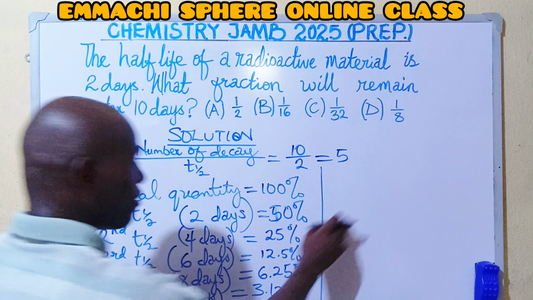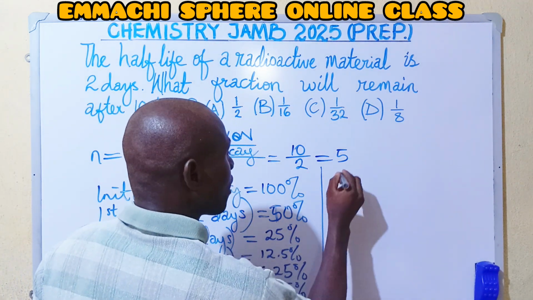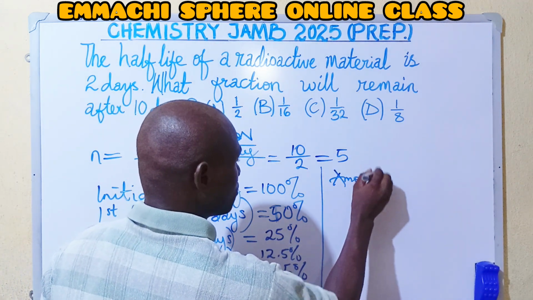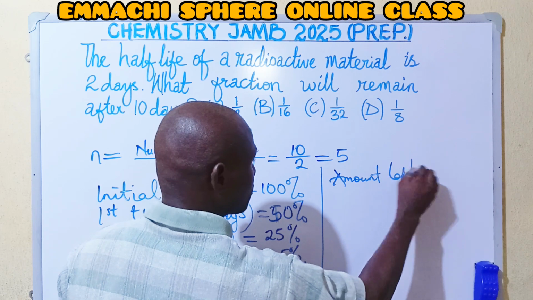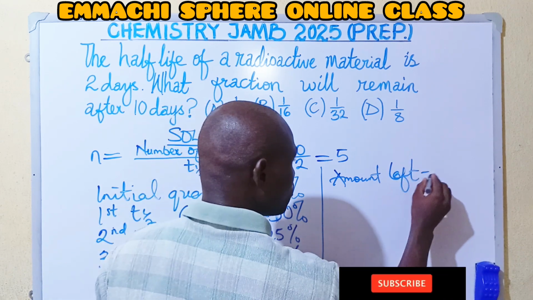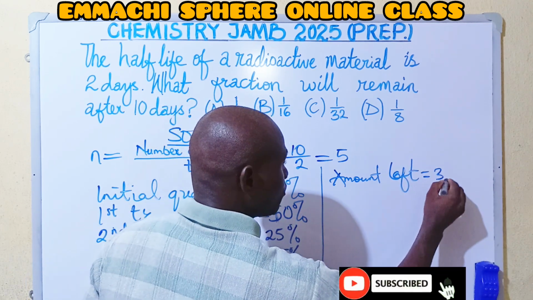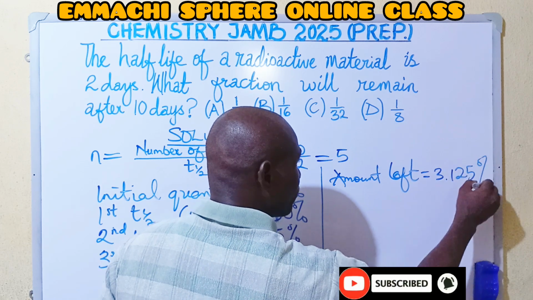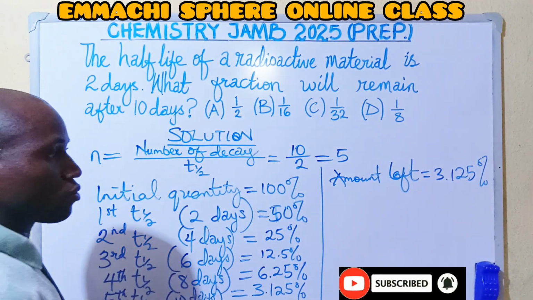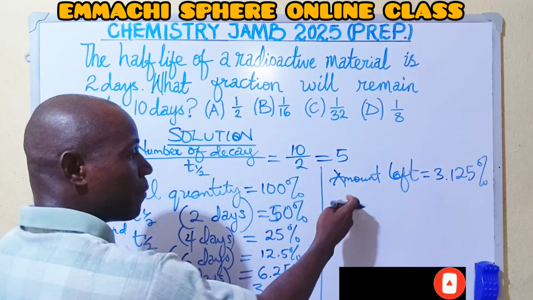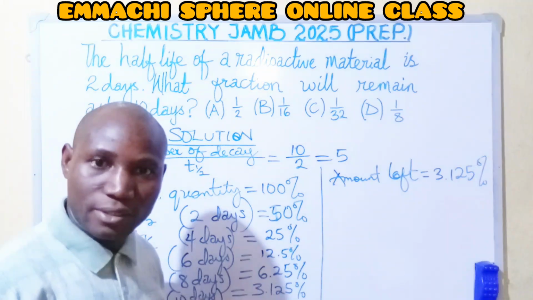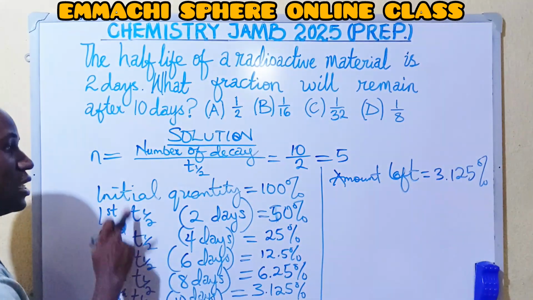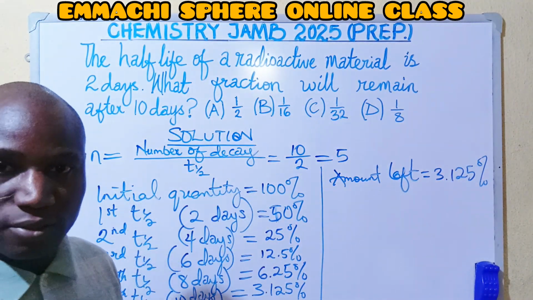So what is the fraction after these 5 half-lives? The amount left is equal to 3.125%. If we want to get the fraction, the amount left is this percent, because we assumed the initial quantity to be 100%.